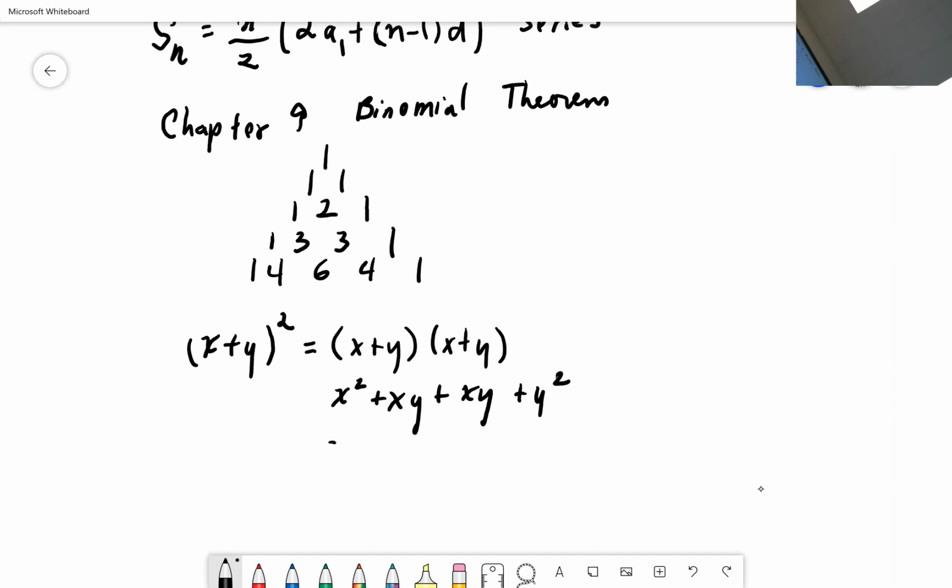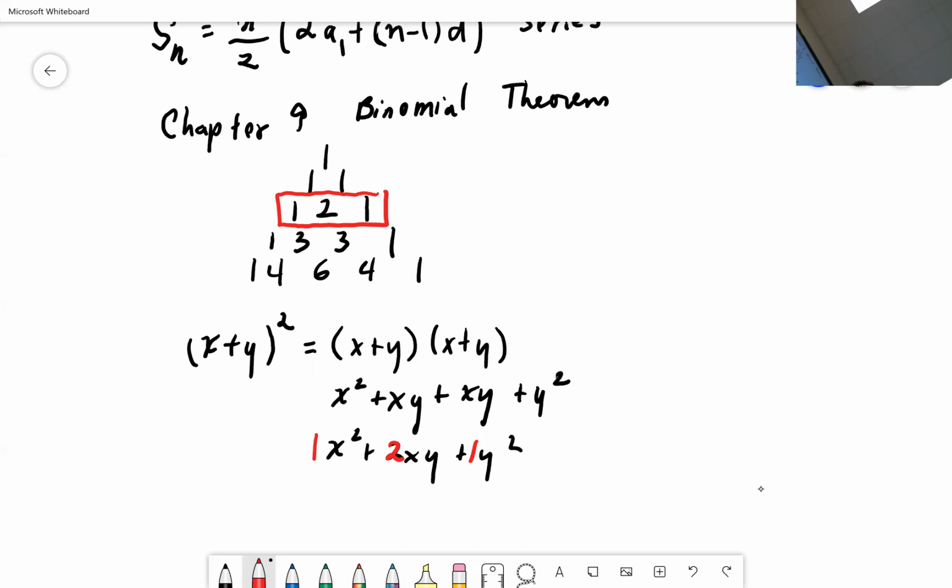And so this becomes x squared plus 2xy plus y squared. And what I want to emphasize here is this, and this: Pascal's triangle takes care of the coefficients for you.